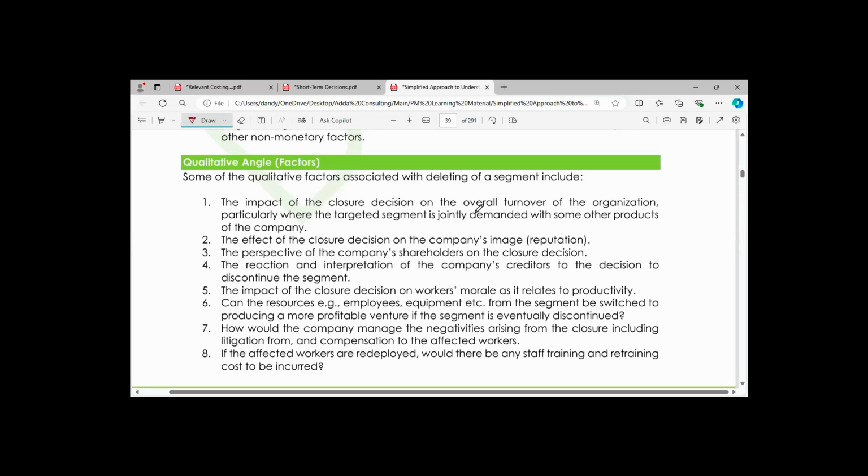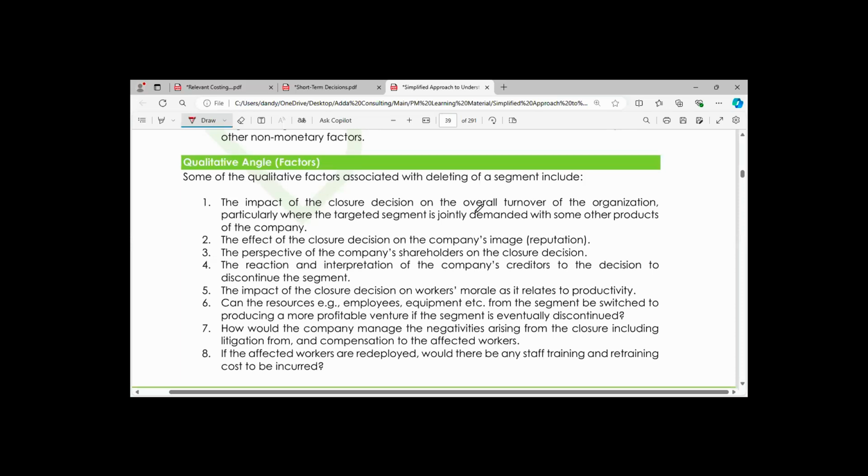So if you decide to discontinue a particular segment, the workers, the equipment, and whatever resources you have there can be put to a more profitable use elsewhere. So you need to take that into consideration as well.